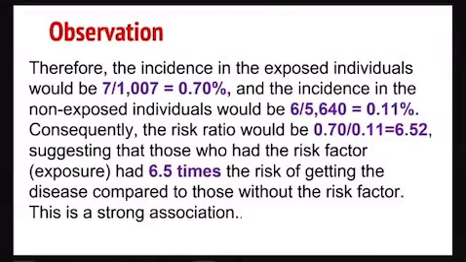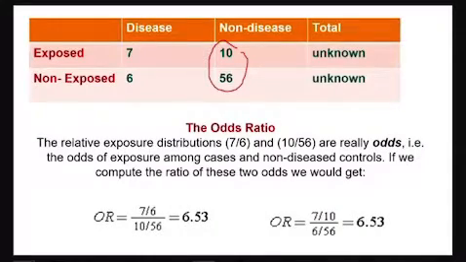What I'm going to have is actually 10 and 56, and my total will be unknown. Why? Because I did not consider everyone in the hypothetical population who do not have the disease. But there's no problem, and this is the reason why a case control study will still give us something reasonable.